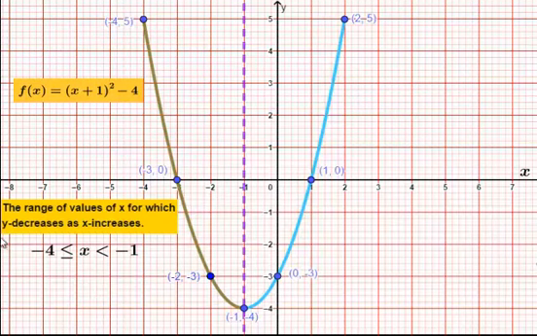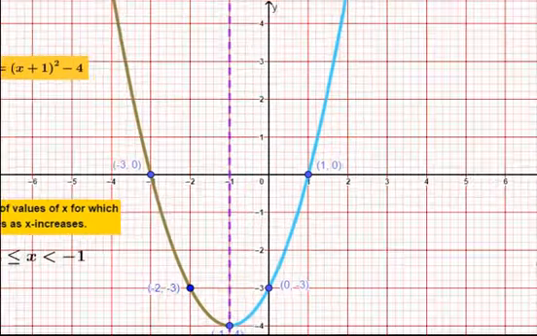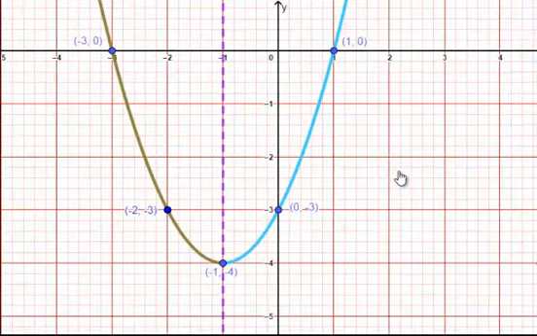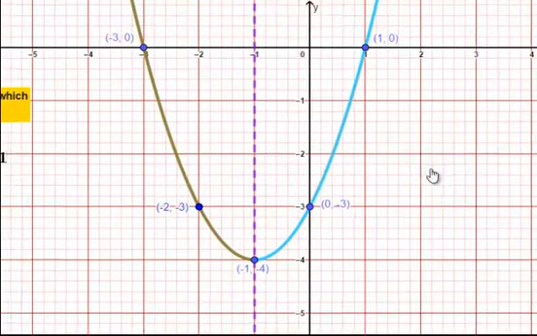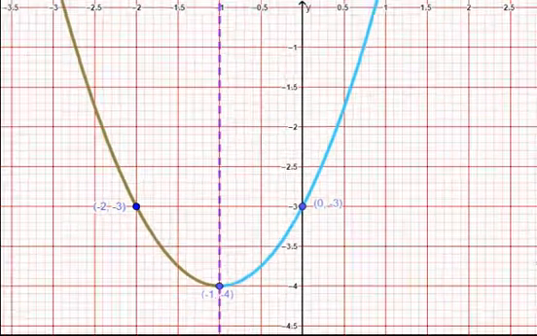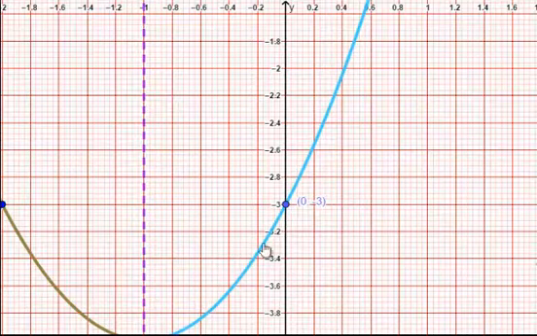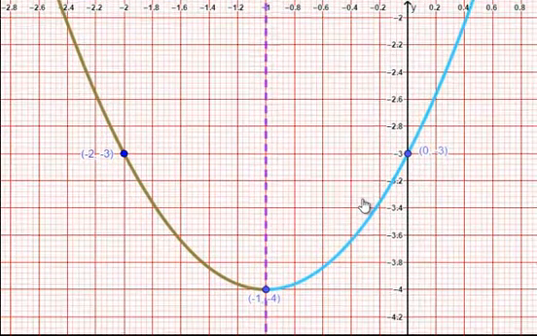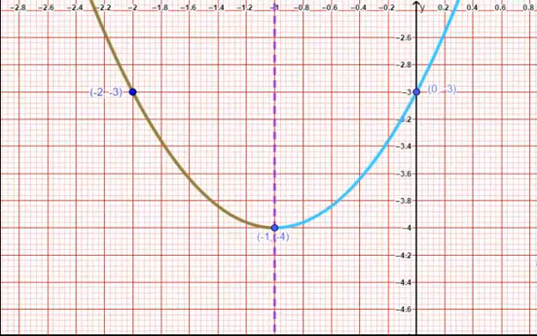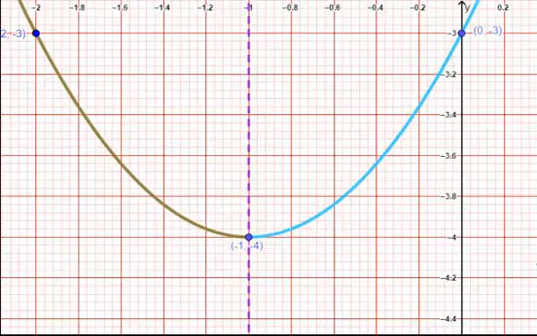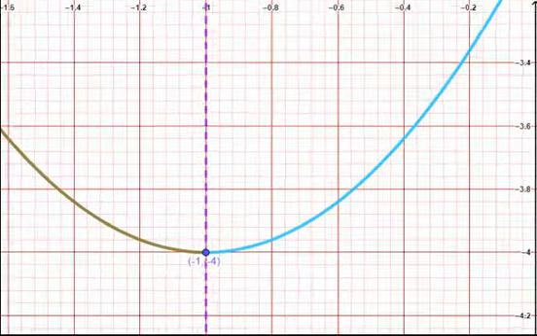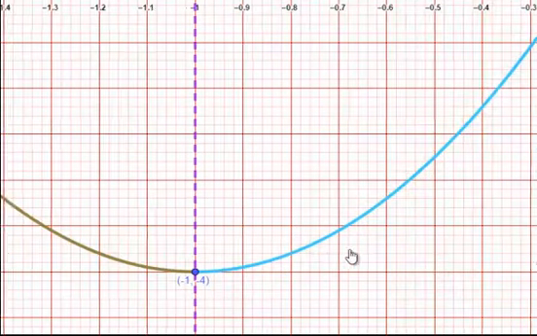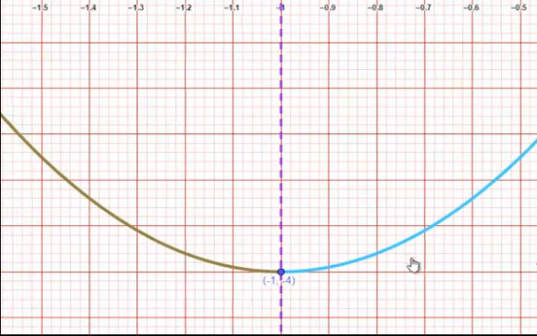I am going to zoom it for you to see. Good.